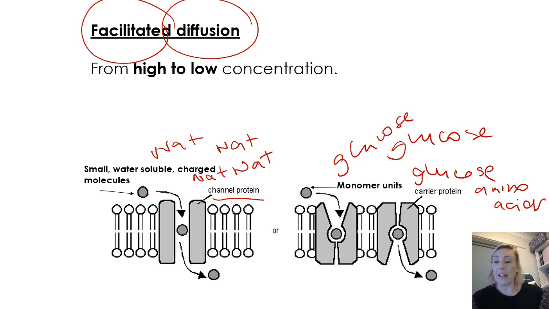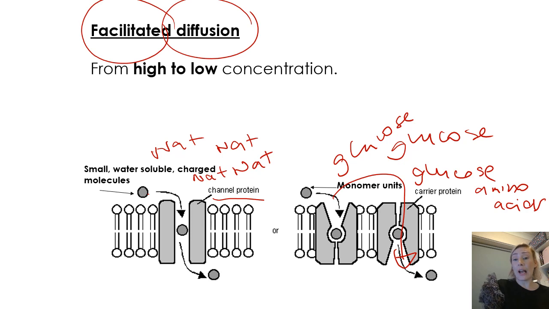And we're hoping then that you're going to be absorbing it. So your epithelial cells, those cells that line your small intestine, will have absolutely loads of carrier proteins for glucose. So that when there's a high concentration of glucose outside of the cell, it can then move in via this specific carrier protein.